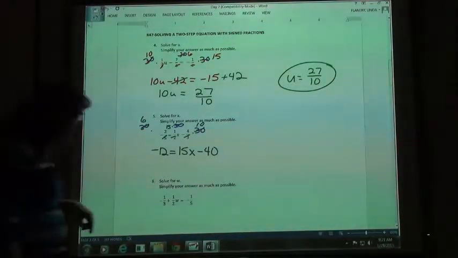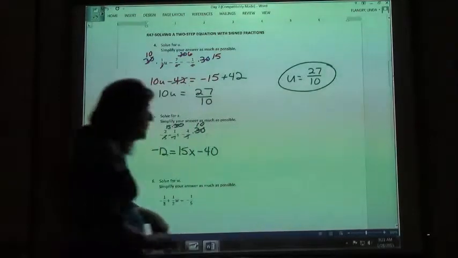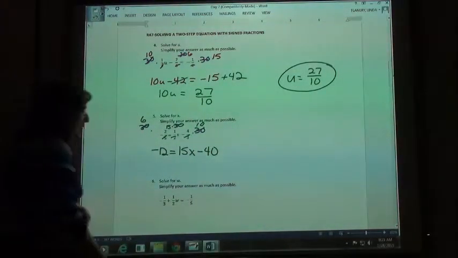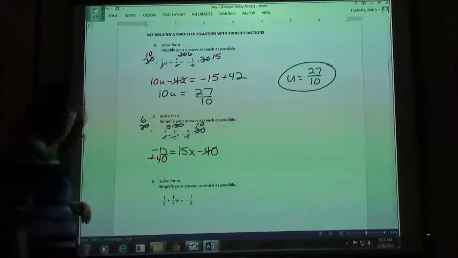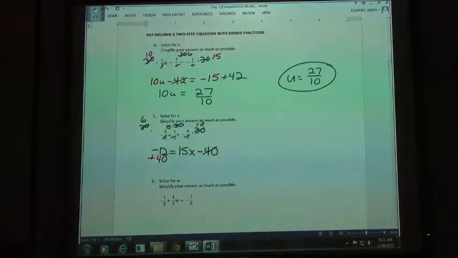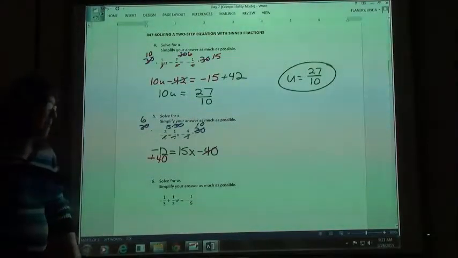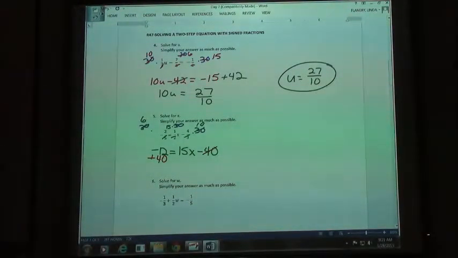If I want to solve that for x, the next thing I should do is move my 40 over, so I'm going to add 40 to negative 12. Negative 12 plus 40 would give me 28.